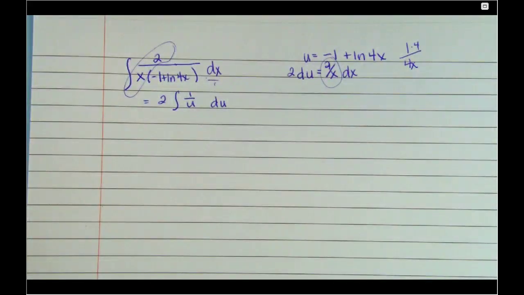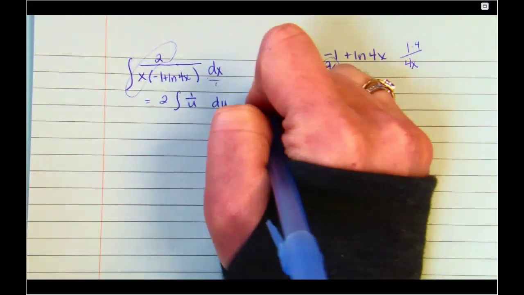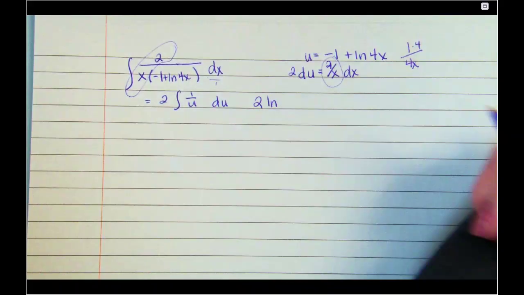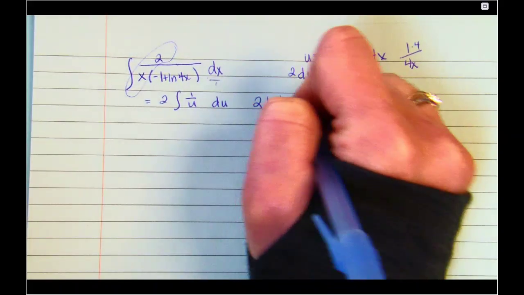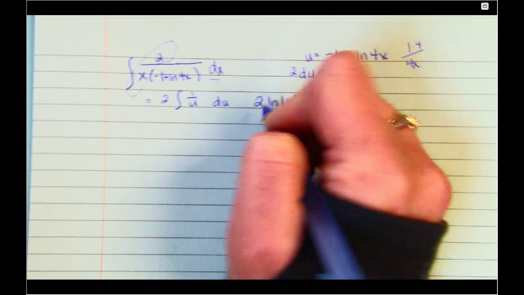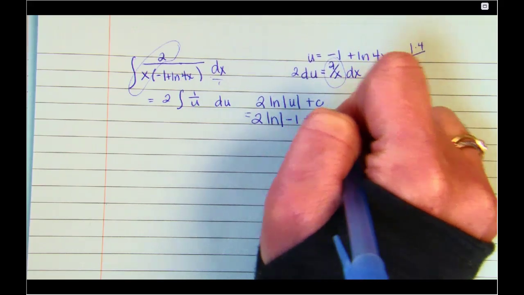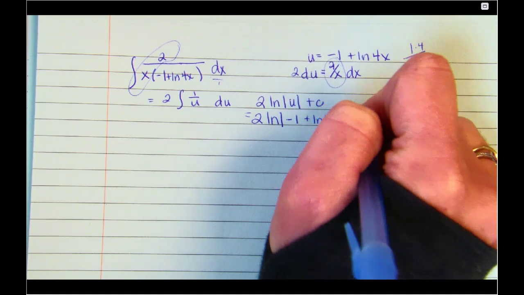Now, what's the antiderivative of 1 over u? Natural log of the absolute value of u. That's weird, huh? So this would be 2 natural log absolute value of that u stuff, the natural log of 4x minus 1, plus c.